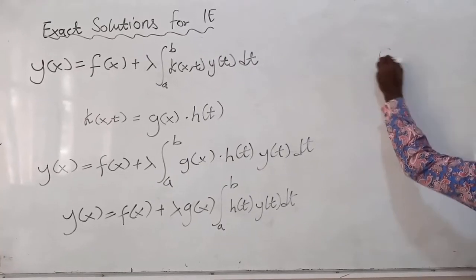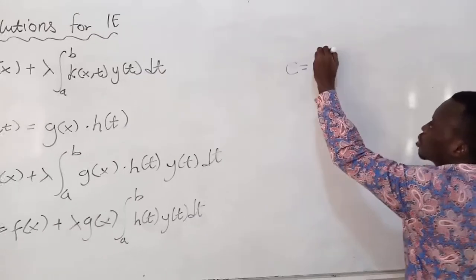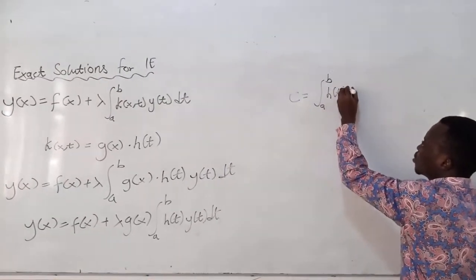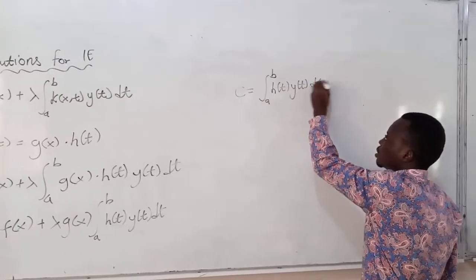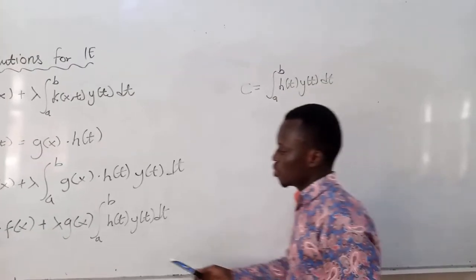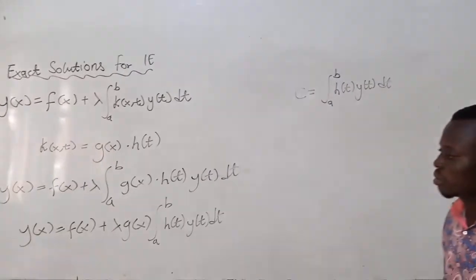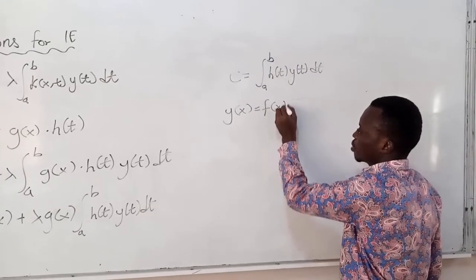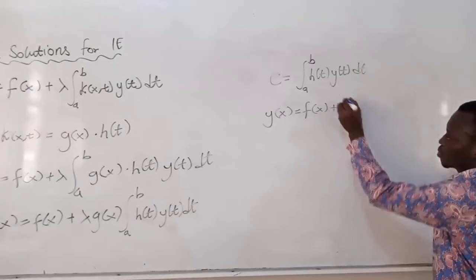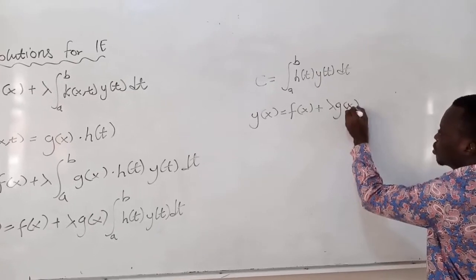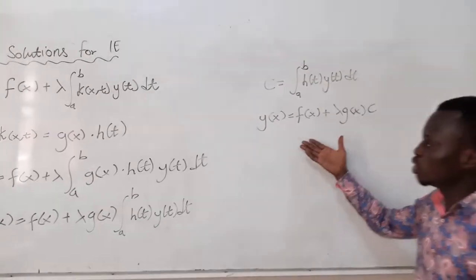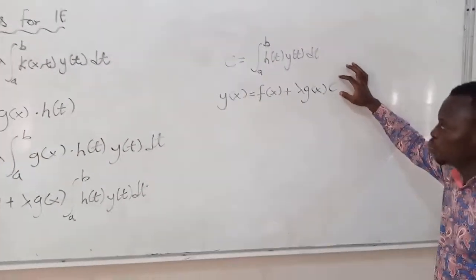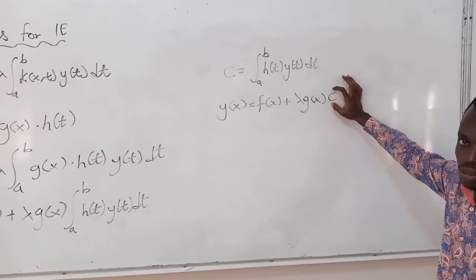That means c should be equal to integral from a to b h of t y of t dt. Now this becomes y of s equal to f of s plus lambda g of s, then c. So this is the solution to this integral equation if we are able to compute this constant c.